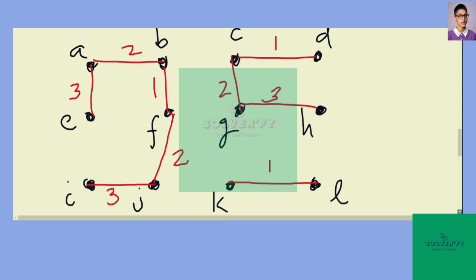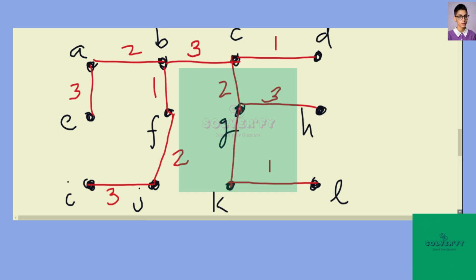Now notice that we still have 3 connected components in this graph. We want to make it a single connected graph. So for the next step in the algorithm, I want to connect the trees with vertices A, B, E, F, I, and J to one of the 2 other trees.